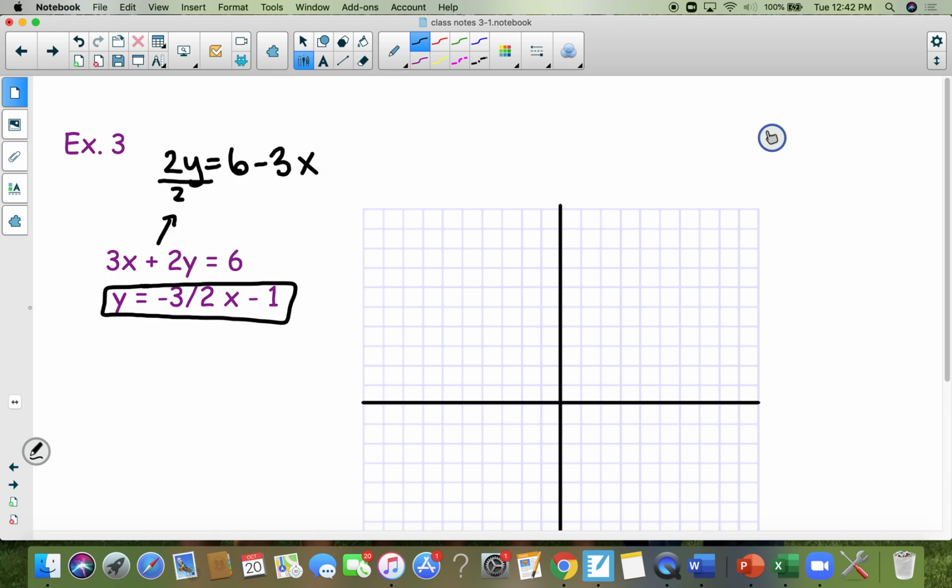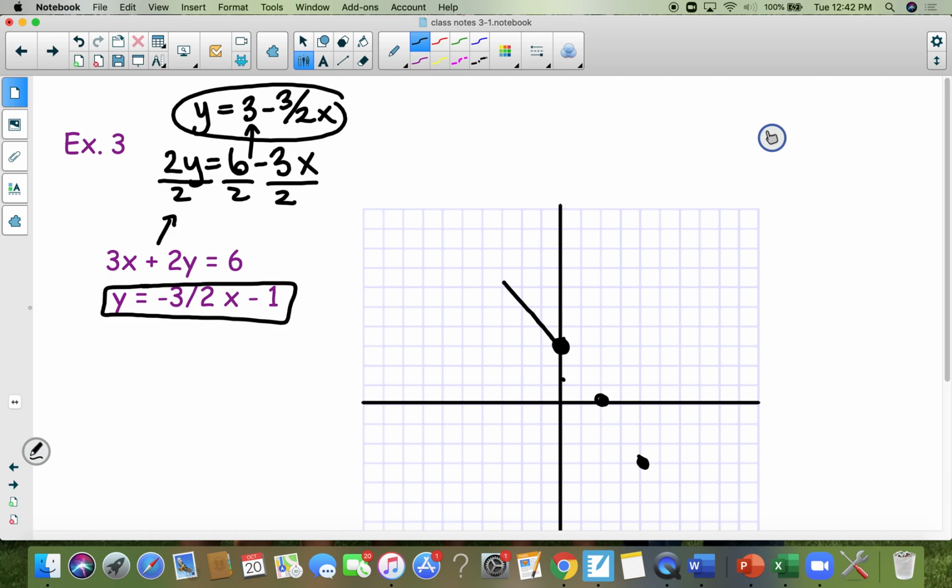And I'm going to divide everything by 2, which gives me y equals 3 minus 3/2 of an x. So the first thing you have to do is get y alone. I'm going to put my first dot at 3. And my slope is down 3 and over 2, down 3 and over 2, and I connect my dots.